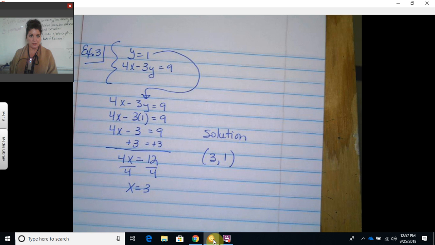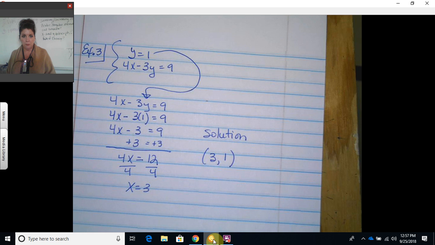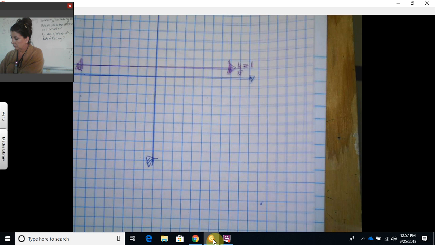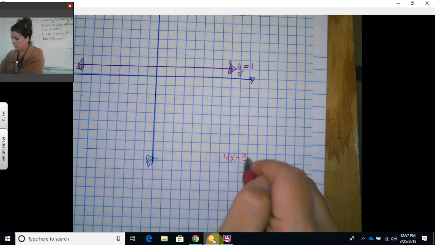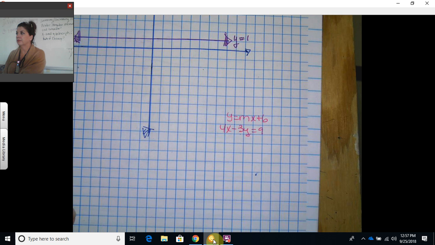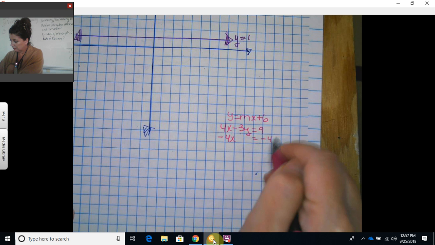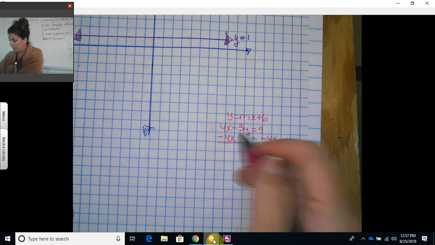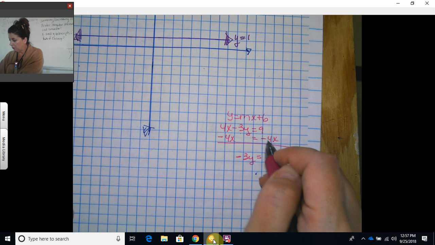So just kind of as a review, 4x minus 3y equals 9. If I want to turn that into slope-intercept form, what should I do first? Subtract 4x. So I have negative 3y, not just 3y, but negative 3y equals negative 4x plus 9.